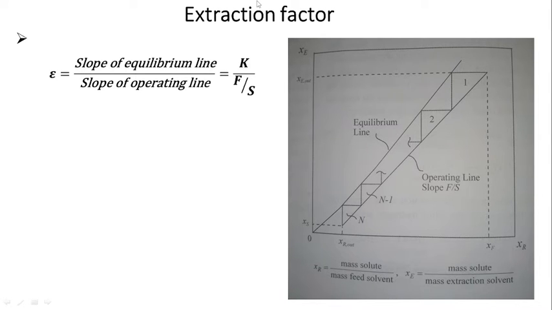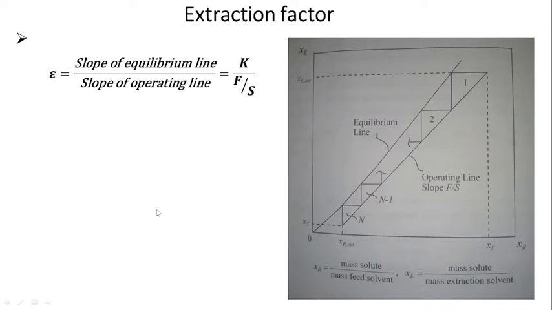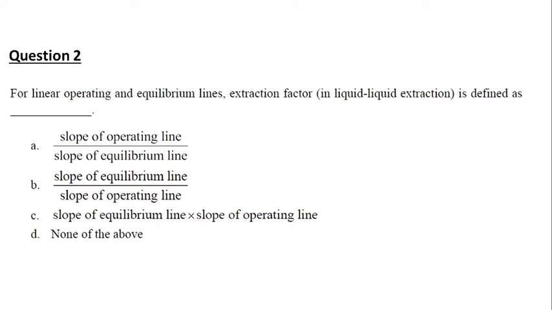So here we have the extraction factor given by epsilon, which is slope of equilibrium to slope of operating line. Let the slope of equilibrium line be K, then the slope of operating line is F by S. So extraction factor is slope of equilibrium by operating line. So the correct answer for this question will be option B.